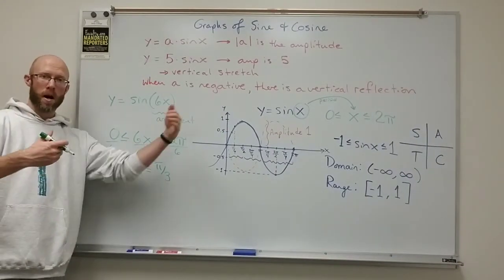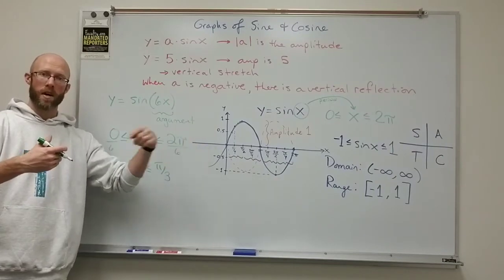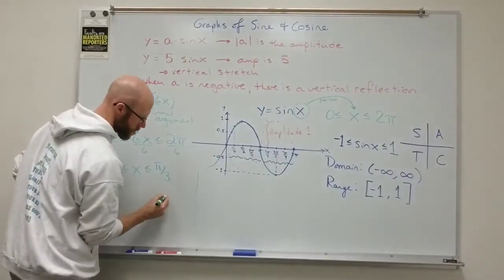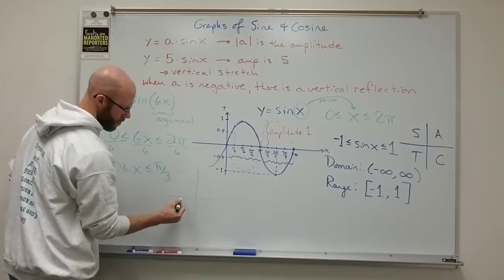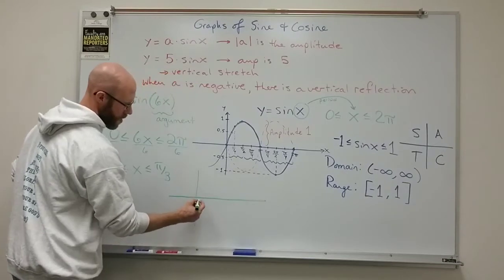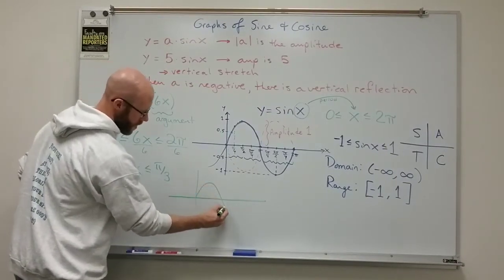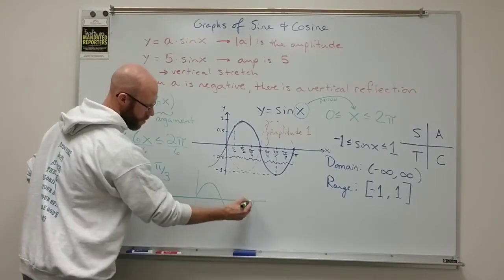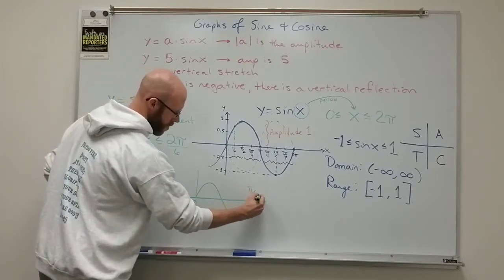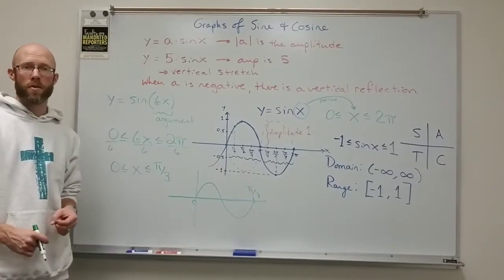From 0 to pi over 3, the x value maps out a single wavelength, right? So now on my graph, my full wavelength would be mapped out between 0 and pi over 3 rather than 0 and 2 pi.